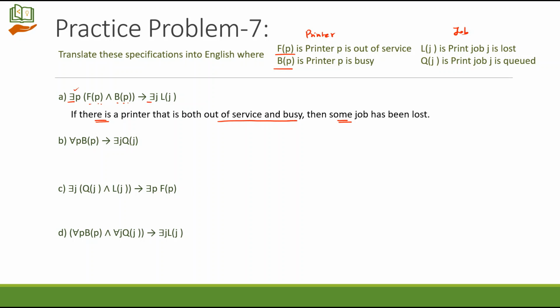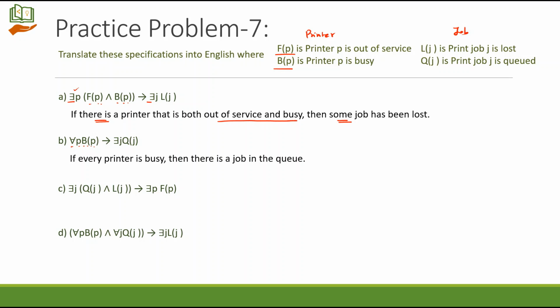Now we'll go to B. What is B of P? Printer is busy. So we can say all printers are busy. What is Q of J? Job is queued. There is a job queued. So you can take this in conditional format. If all printers are busy, then definitely there must be some job in the queue. If every printer is busy, then there is a job in the queue.